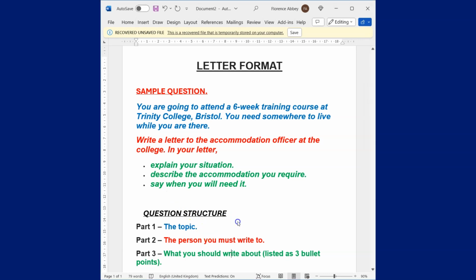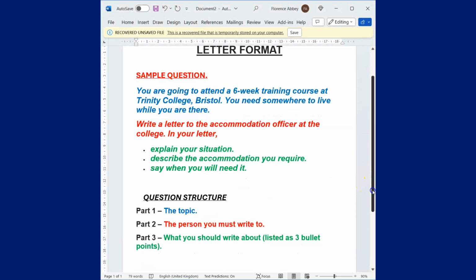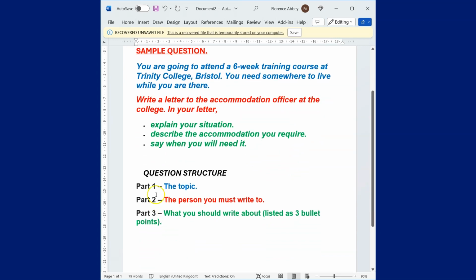So when it comes to the structure of the question, you have 3 parts. We have part 1, which is the topic, part 2, which is the person you're going to write to, and the third part, which is what you should write about, and it's always listed in 3 bullet points.